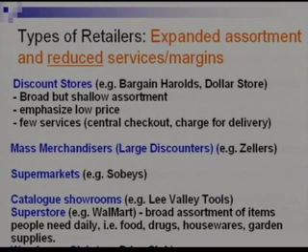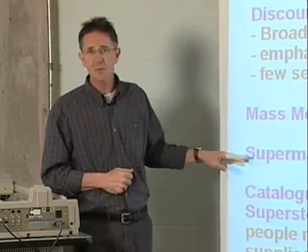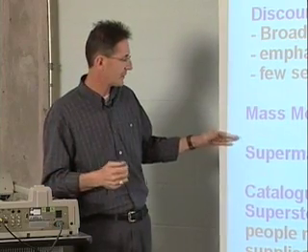So the example here would be, say, Harrods or Dollar Store. Mass merchandisers, which are large discounters, are similar but just on a bigger scale, like Zellers. Supermarkets like Sobeys or Loblaws, Superstore, Provigo.